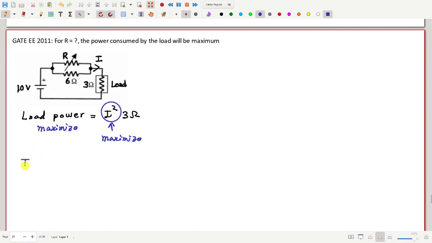Now to get maximum I, what should be the value of R? R should be 0, as low as possible, 0 ohm, because the lower the value of R, higher will be I. As R decreases, I increases.